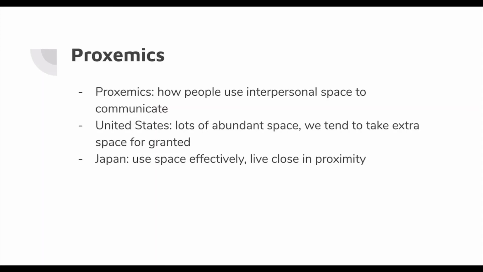Tokyo is pretty vertical. People live kind of on top of each other in the condos, and they're just much closer in proximity on the streets, at work, at home. But now, due to coronavirus, both of these countries are recommended to stay approximately 6 feet apart just to keep social distancing. This is implemented in schools, offices, grocery stores, gyms, and several other locations just to avoid the spread.